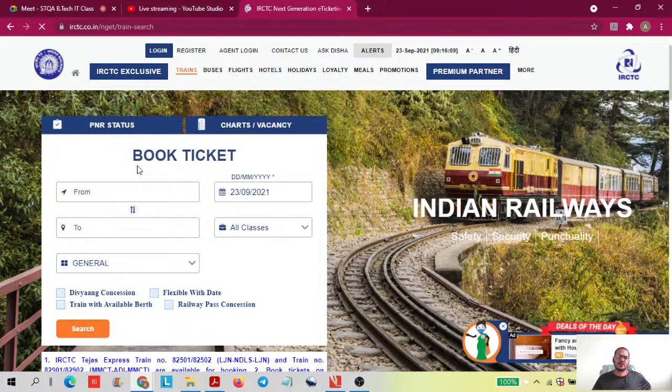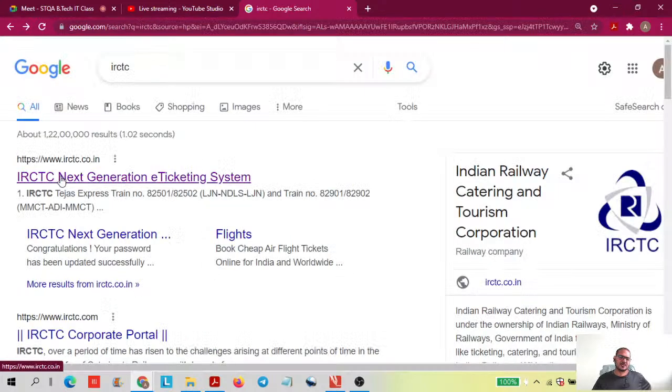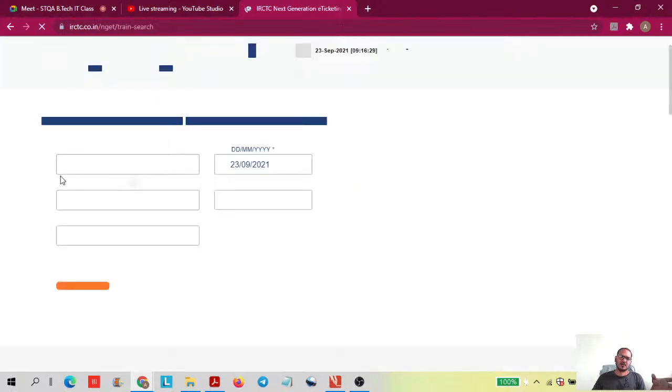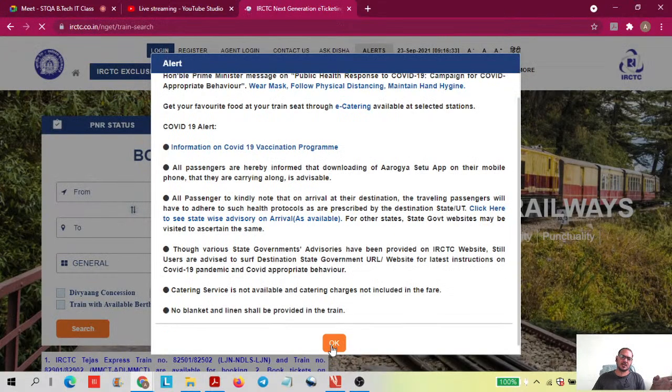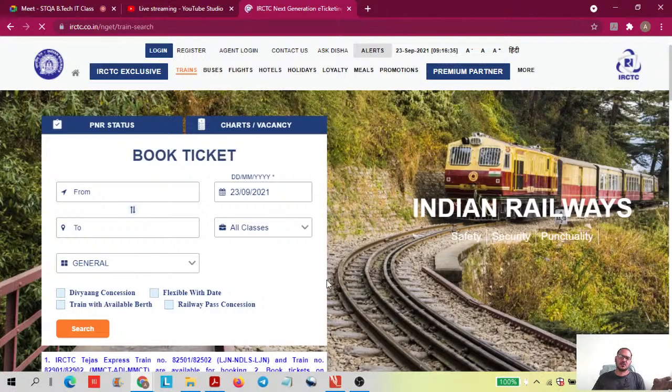But in the early days, during festivals, people used to travel from their working location to their native places. At that time, only if you had a good internet connection could you book the tickets.